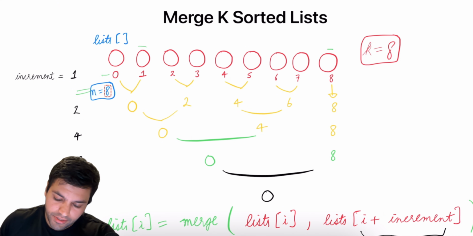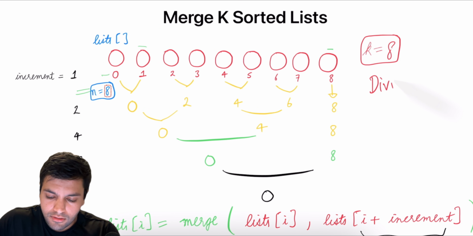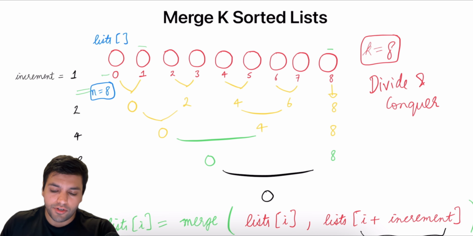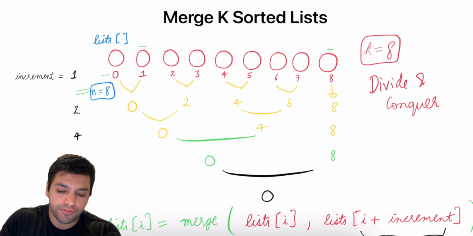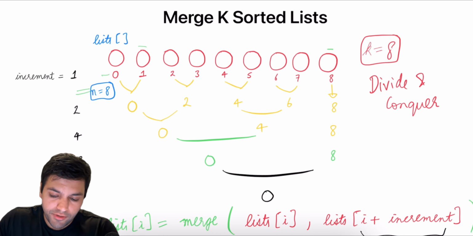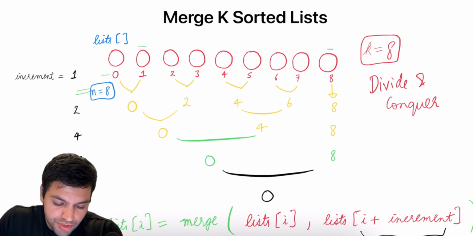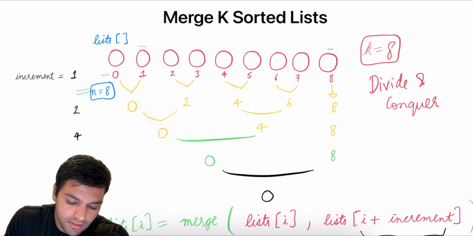Here we are going to use the technique of divide and conquer to solve this question. Divide and conquer is generally used when we have to do pairwise processing. So here we can merge the linked list at index 0 and the linked list at index 1, and make it into a bigger linked list.